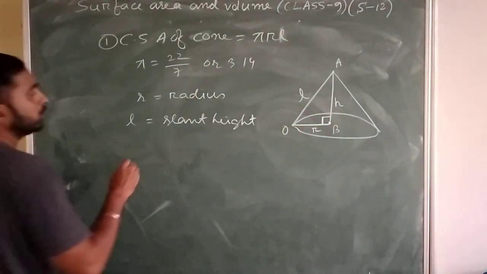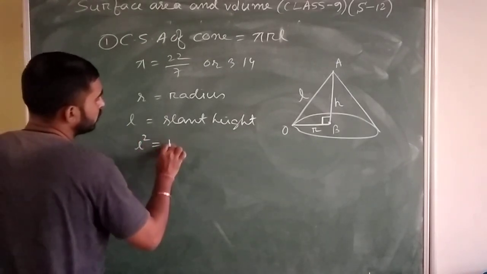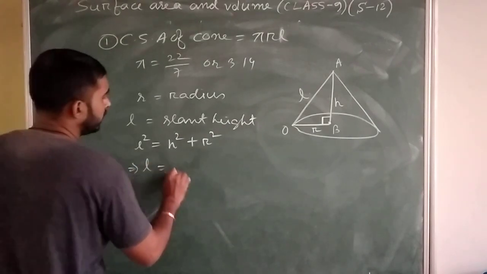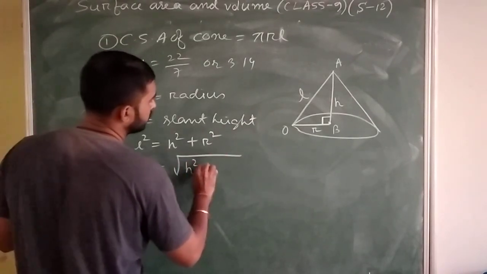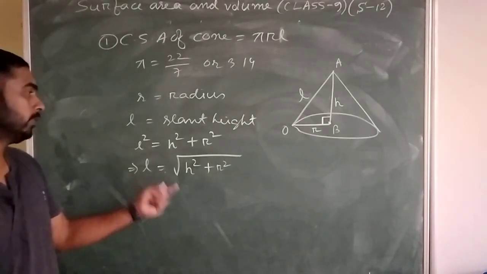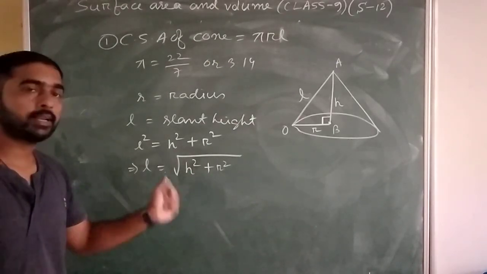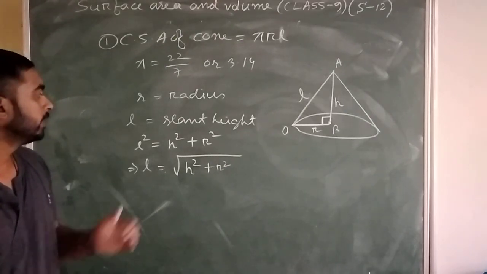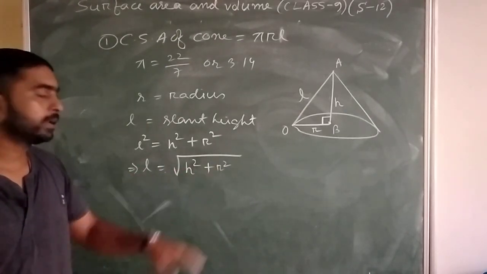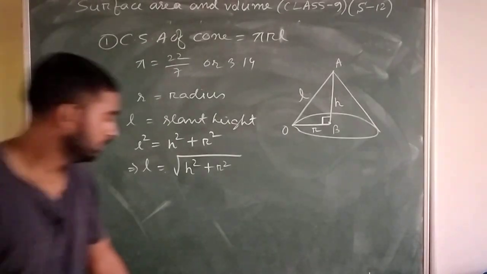By using the Pythagoras theorem, l square equals h square plus r square. So l equals under root h square plus r square. This is the formula to find the value of l, the slant height, if h and r are given.